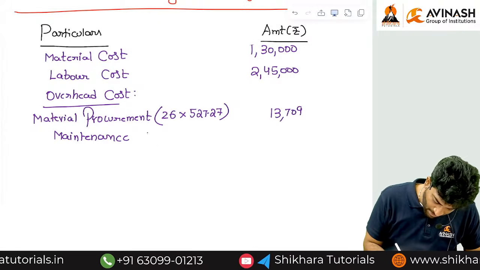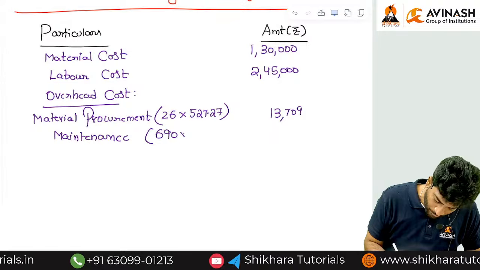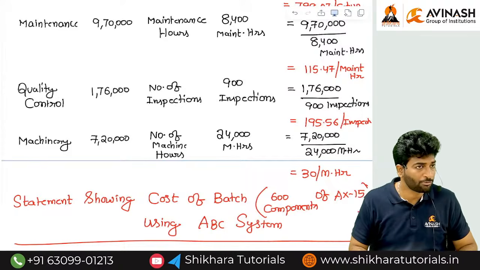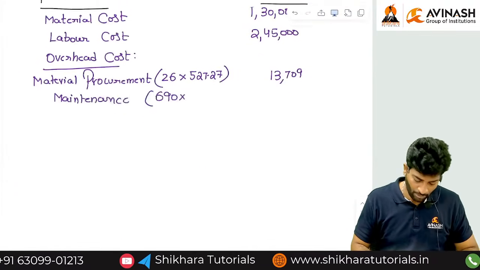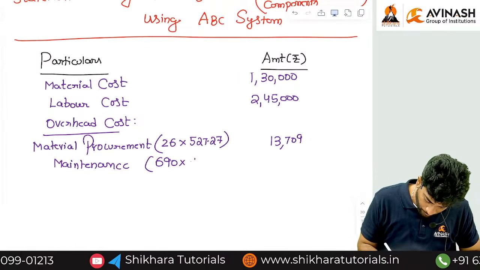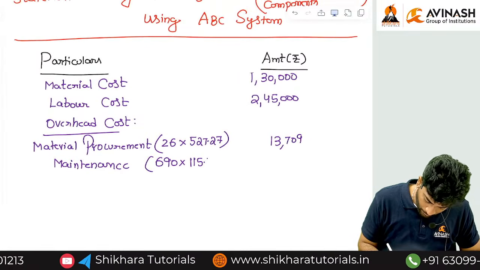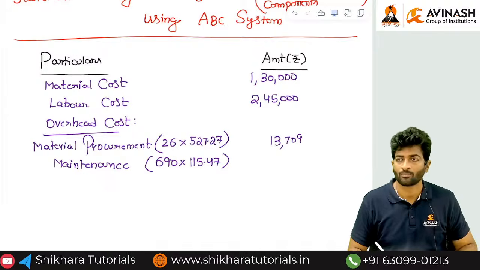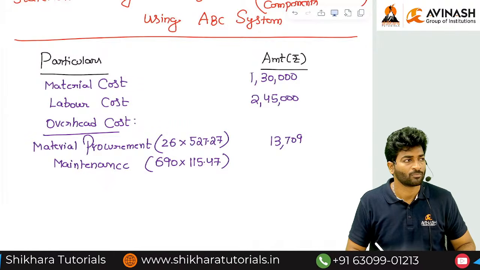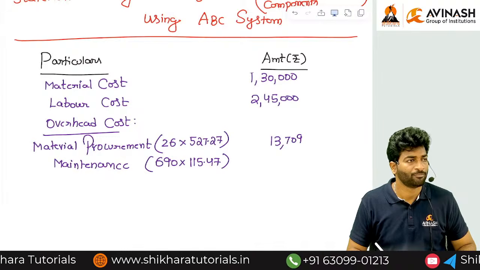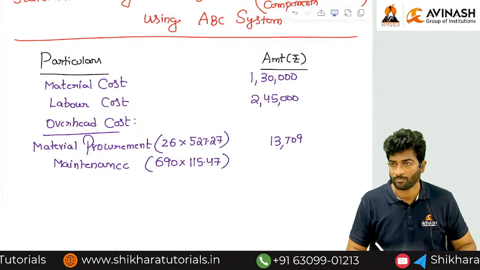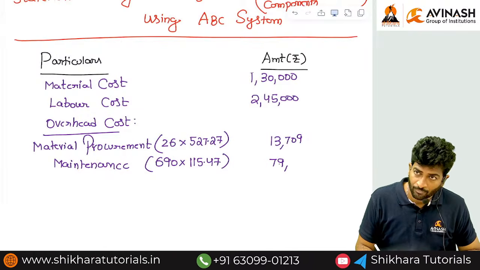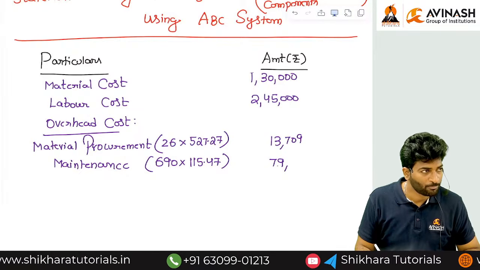So for maintenance, we have 690 maintenance hours, right? So this rate is 115.47, 115.47. 79,006, 74 point.